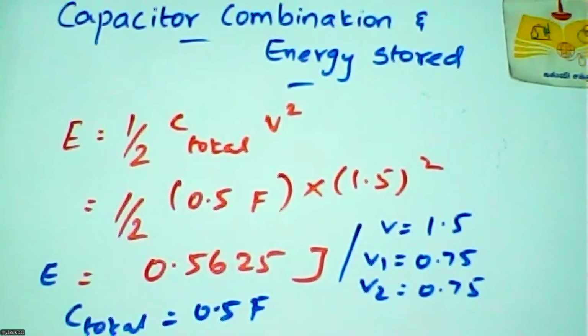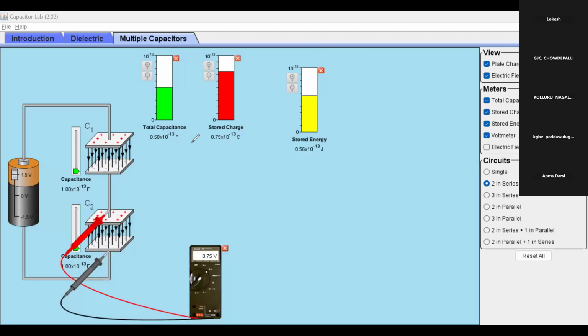Now you can see that values. Total capacitance 0.50 into 10 power minus 13 farad. Stored energy, already I told you, that is 0.5625 joule. And here also the voltage value.